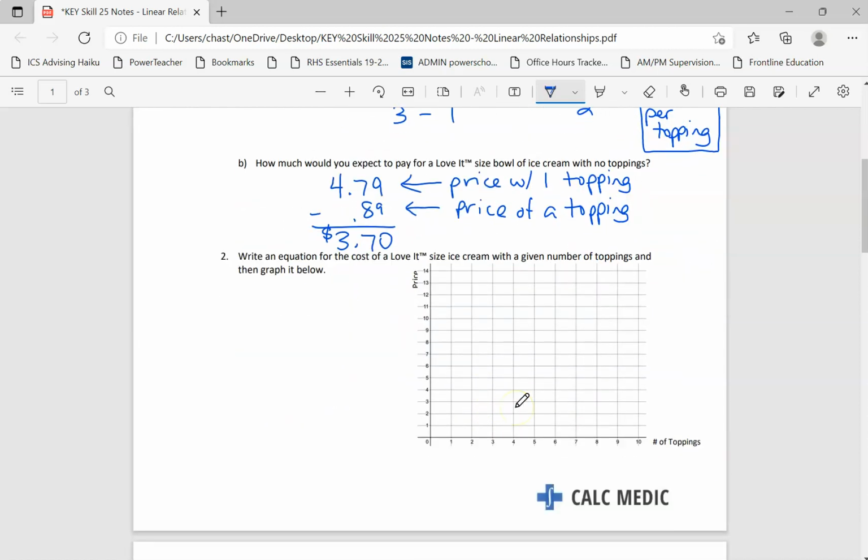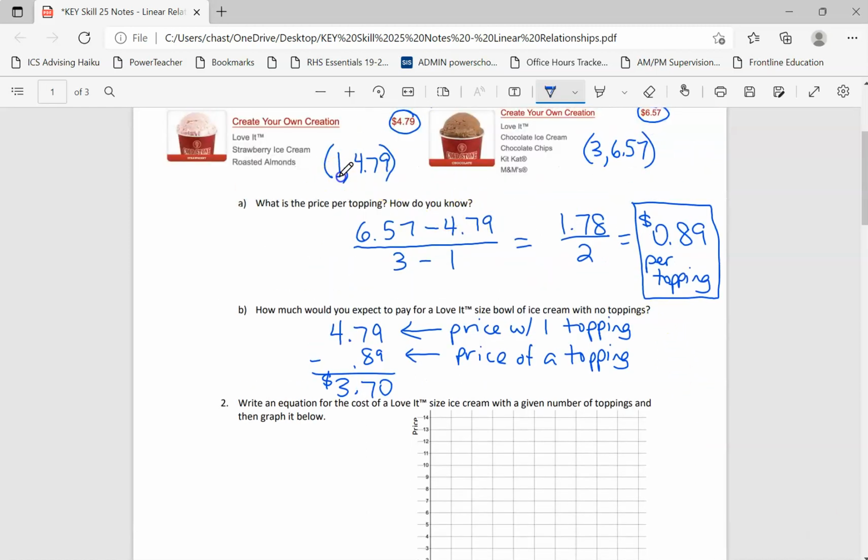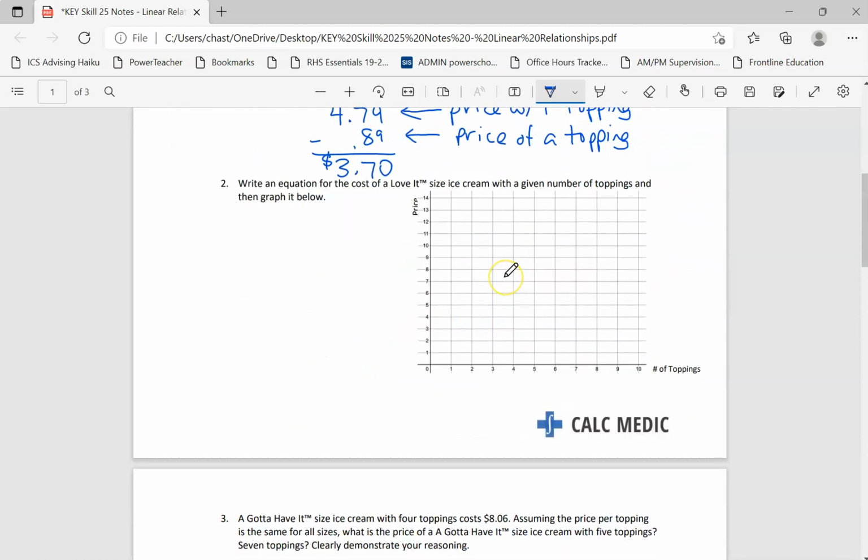All right, so let's write an equation for the cost of a love it size ice cream with a given number of toppings and then graph it. Okay, so if we look here, our independent variable is the number of toppings. Your price depends on the number of toppings. So when toppings equals 0, the cost was $3.70. So that's going to be like our y-intercept.